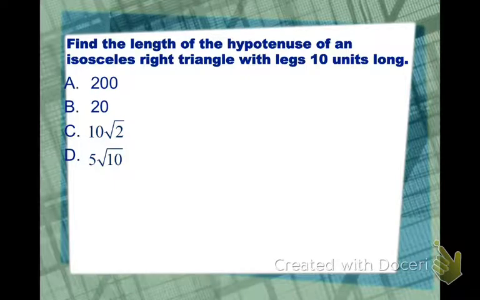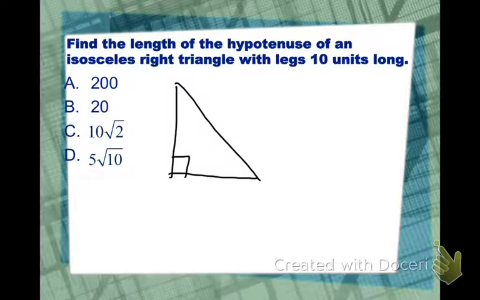Find the length of the hypotenuse of an isosceles right triangle with legs 10 units long. Well, if you're having trouble visualizing this, one option is to draw yourself a picture. See if I can draw myself a picture of an isosceles right triangle where the legs are each 10 units long.